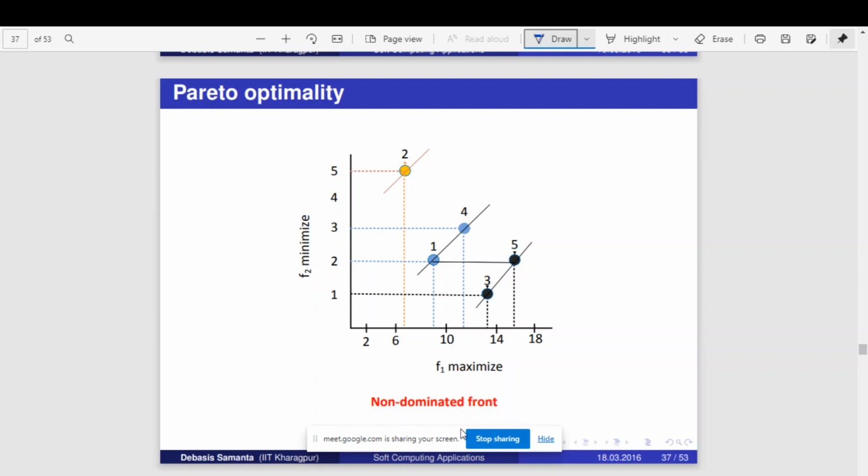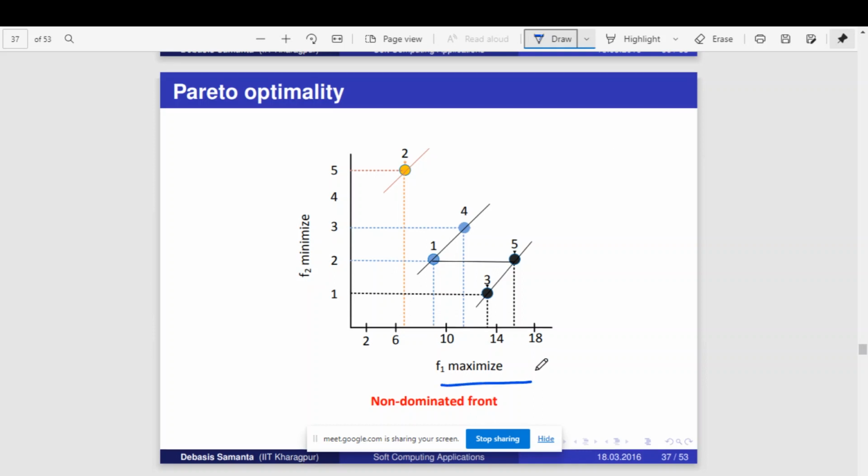So here you see we want to maximize f1 and we want to minimize f2. So it means the solution should be towards which direction? Why are you telling only with respect to the x-axis? Say both.